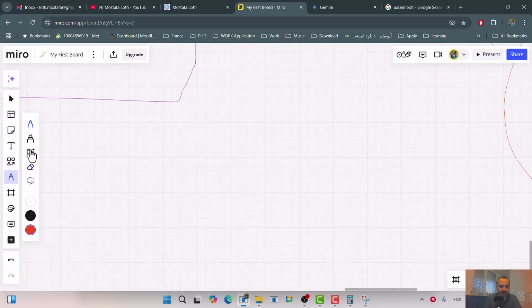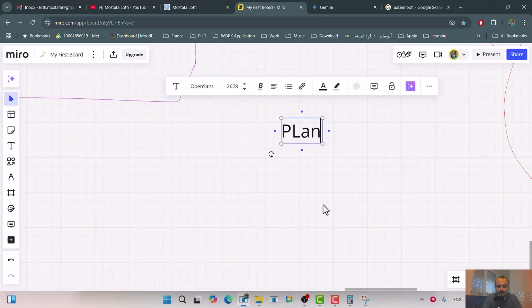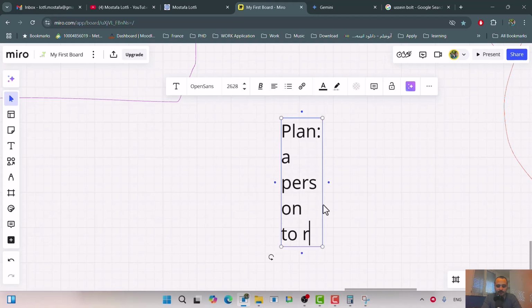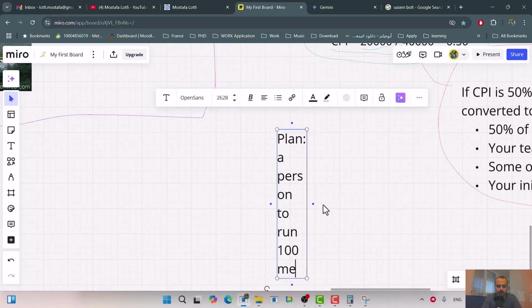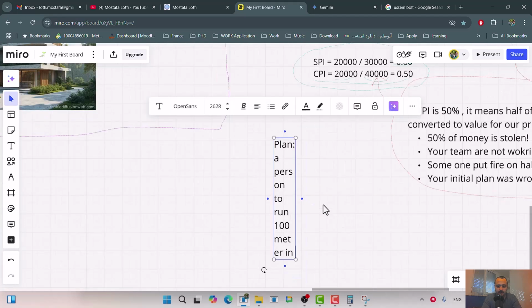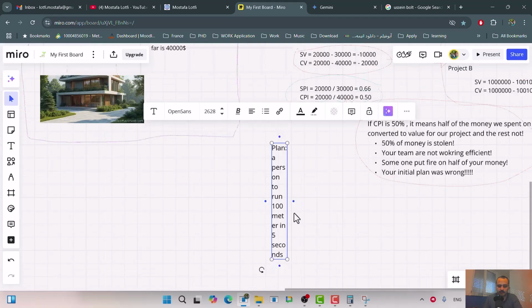It's not a bad example. Let's say the plan, just a silly, small example, is for a person to run 100 meters in 5 seconds. Right? Let's say this is the plan.